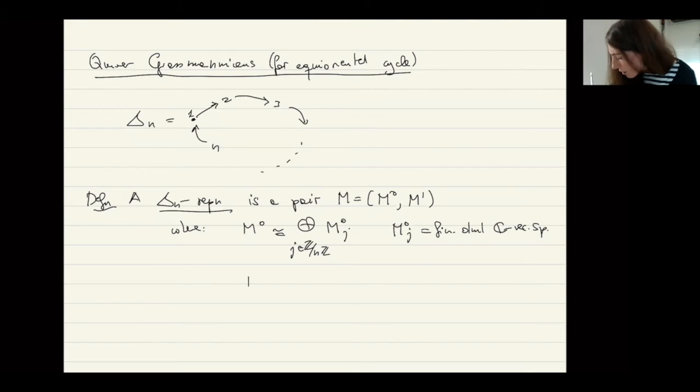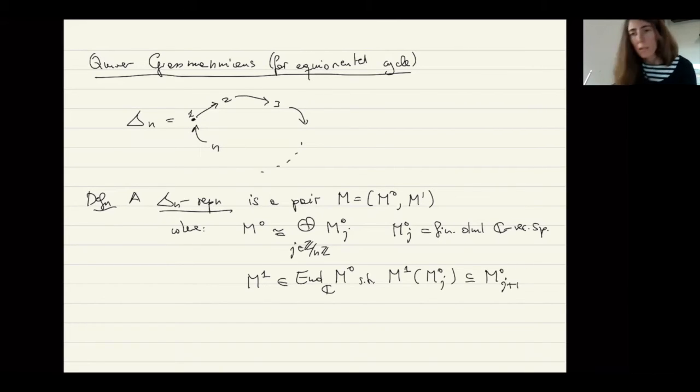M1 is an endomorphism of M0 as a C vector space, so it does not preserve the grading. In fact, M1 of M0j is contained in M0j plus 1. This is what you would usually say: you have maps given by the arrows.